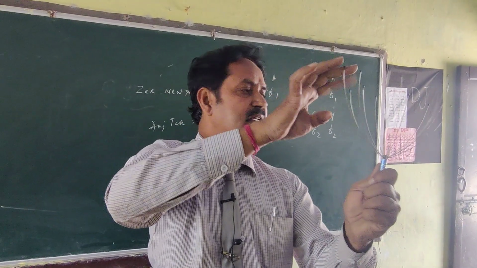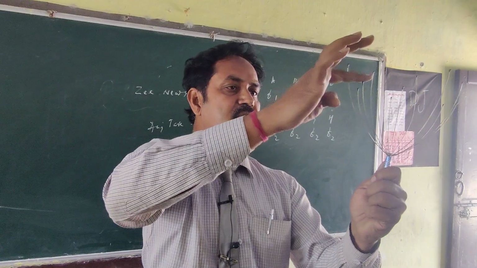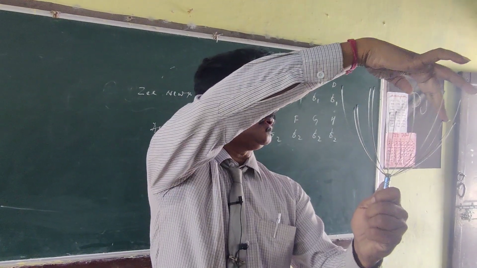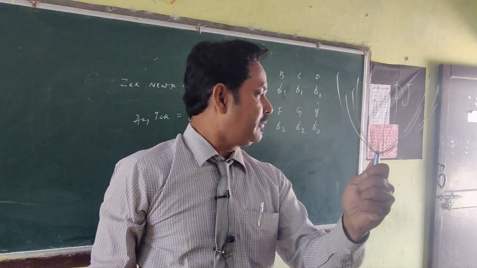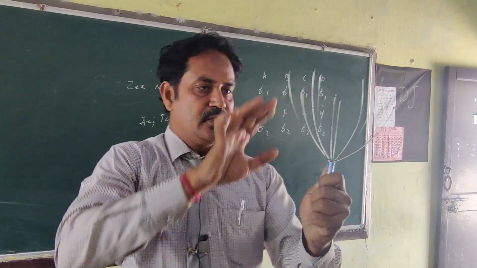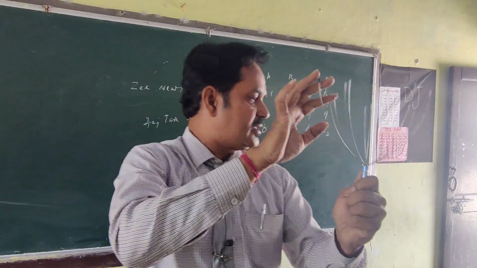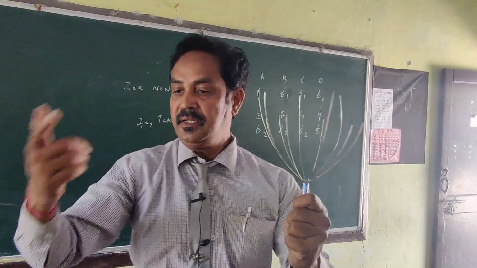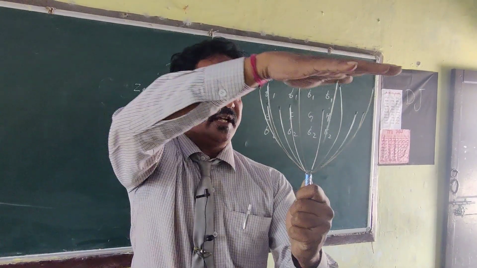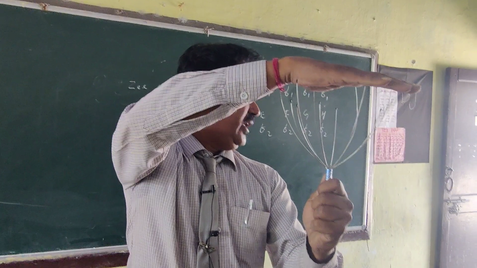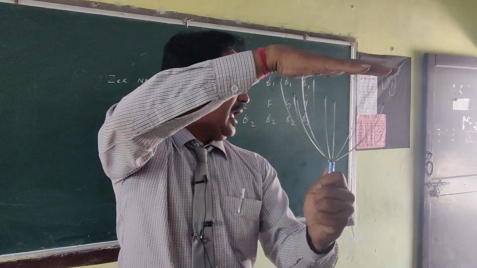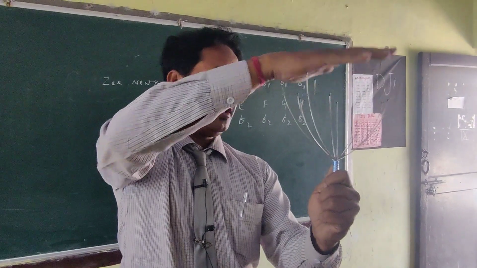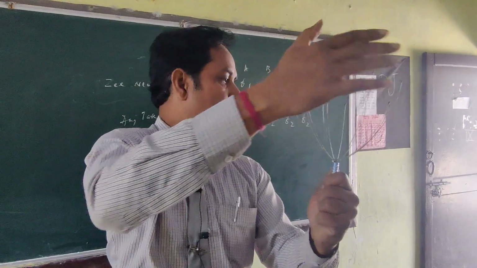Aaj Tak is sending F2, and these houses have set F2 in their television. So when Aaj Tak sends frequency F2, they will resonate, and in their television they will observe Aaj Tak. But G News will not show any effect, because this time resonance will take place in the smaller one.